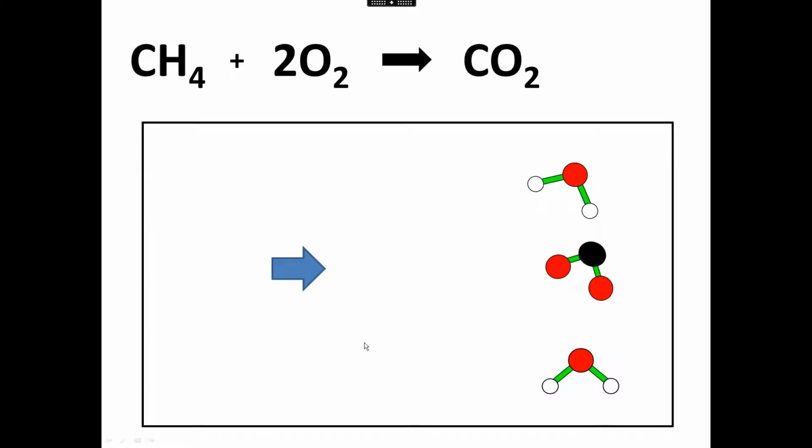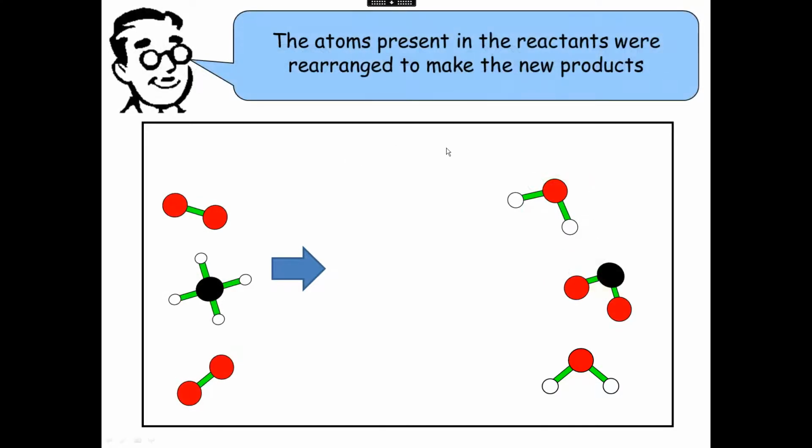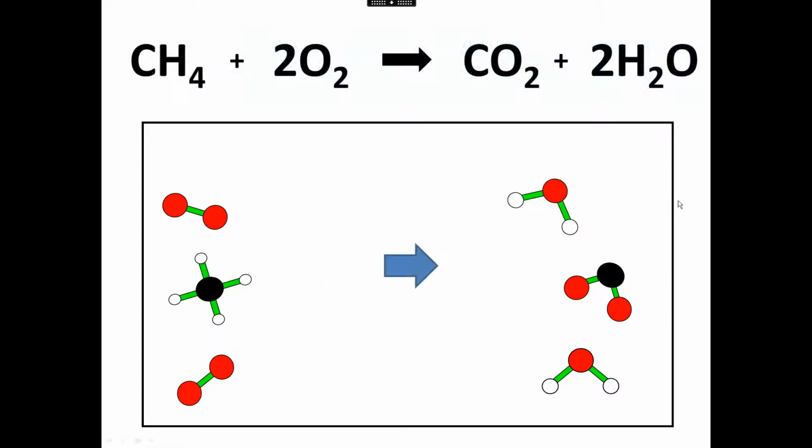So 2 lots of water, H2O, are made in the reaction. But if we think about where that H2O came from, the oxygen originally came from the oxygen in the air, but the hydrogen came from the hydrogen in the hydrocarbon, inside methane. And in all chemical reactions, atoms cannot appear or disappear, they get rearranged to make new products.